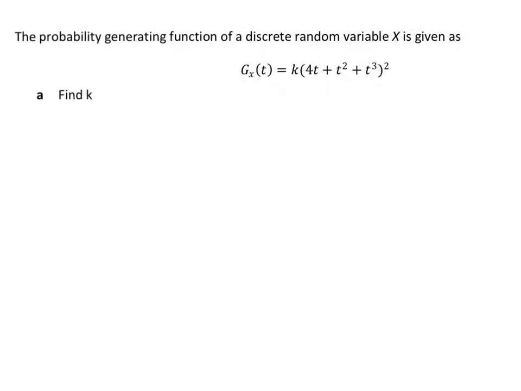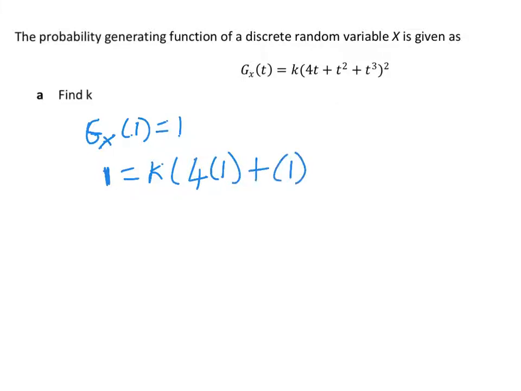So we're going to find K, a really common style of question here. Let's use the fact that if I substitute 1 into the PGF, out comes 1. So 1 would equal K lots of 4 times 1 plus 1 squared plus 1 cubed, all squared.